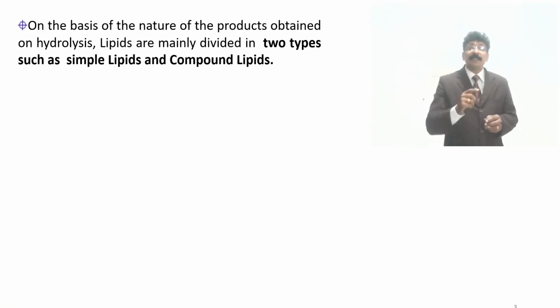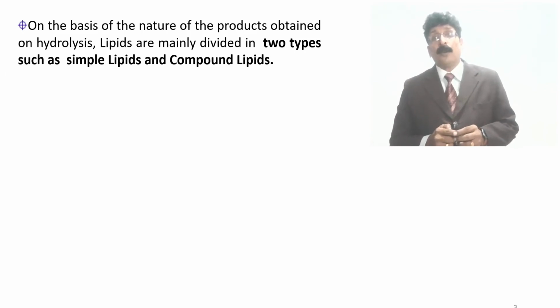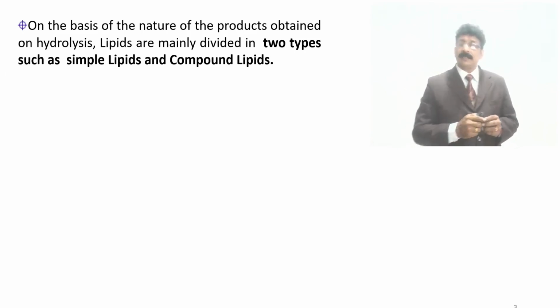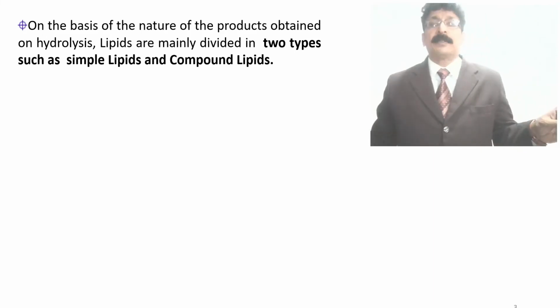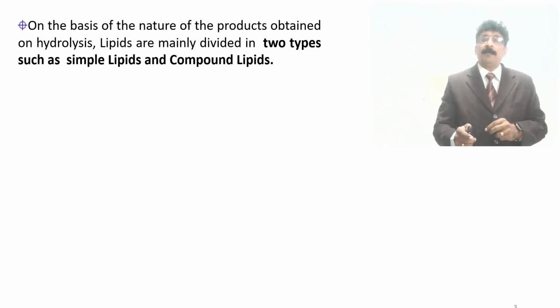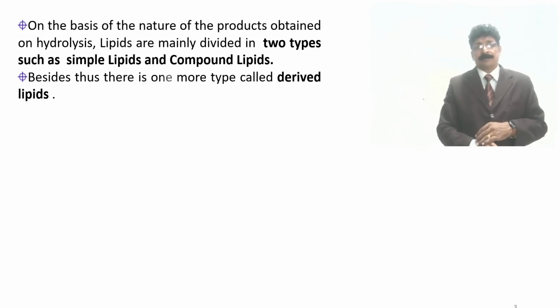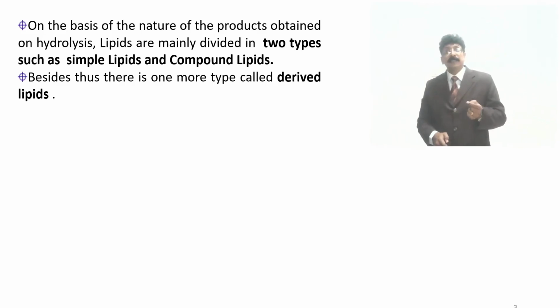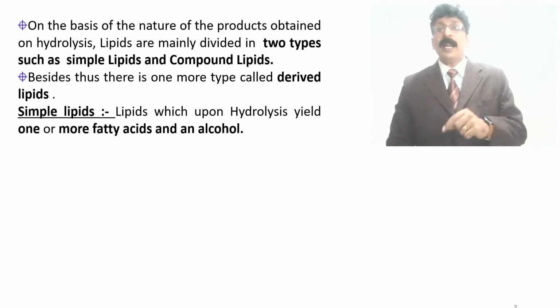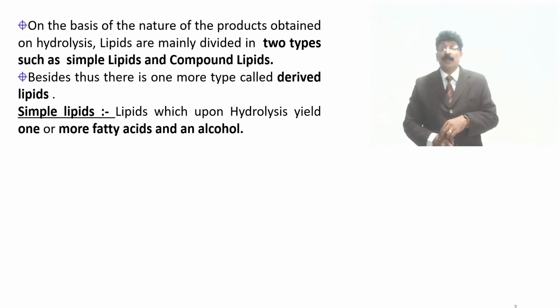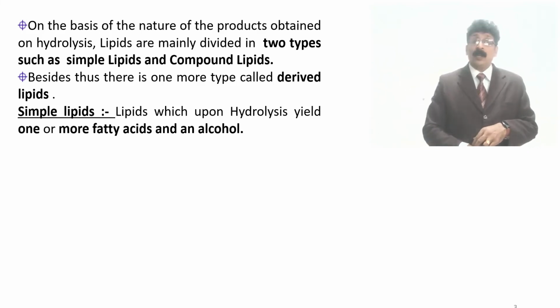On the basis of the nature of the product obtained on hydrolysis, lipids are mainly divided into two types, simple lipids and compound lipids. Besides, there is one more type called derived lipids. Simple lipids are lipids which upon hydrolysis yield one or more fatty acids and an alcohol.